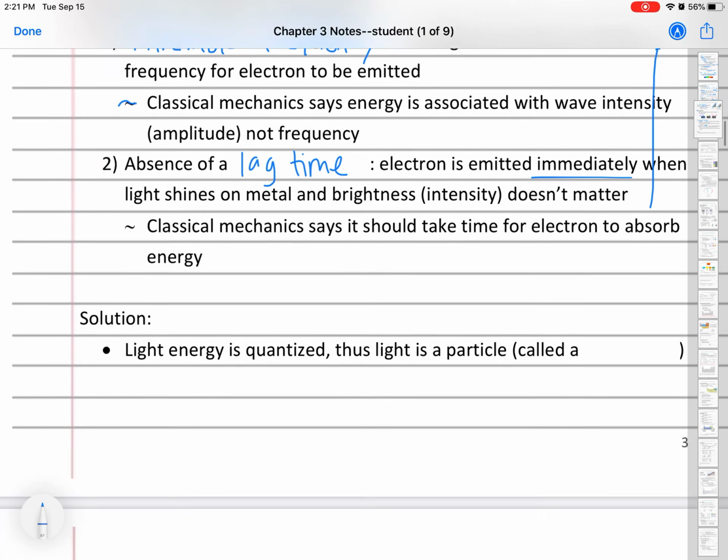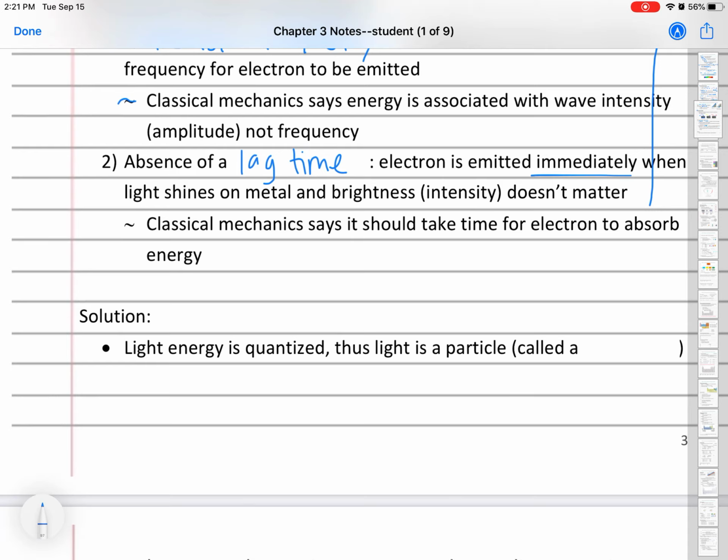Lots of people observed this phenomenon, but none of them could explain it using classical physics. Until Max Planck and his friend Albert Einstein got together. Albert Einstein, all right, a few years later, in 1905, after chit-chatting with Max Planck, who had this idea that maybe energy is quantized, he extended this to light energy.